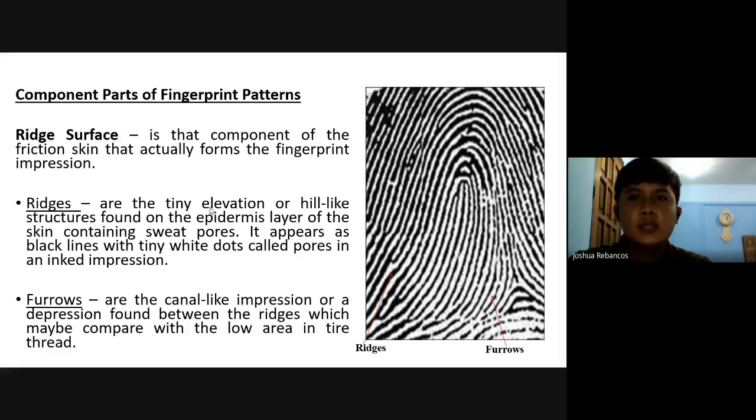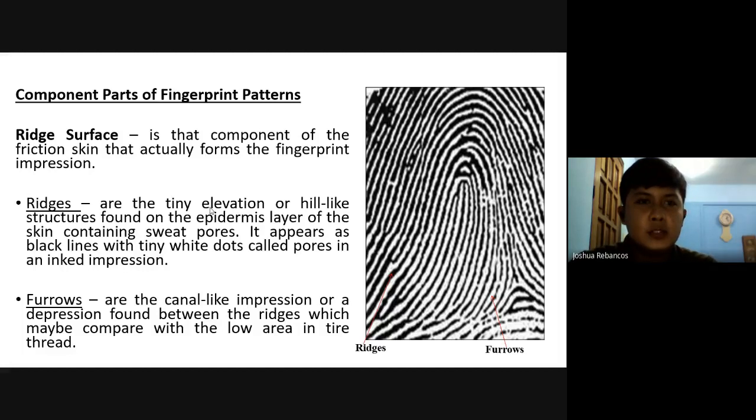Kung sa ink impression, halimbawa, nag-roll ka ng ink using an ink roller sa glass, doon kukunin yung roll impression ng mga fingers ng isang tao.